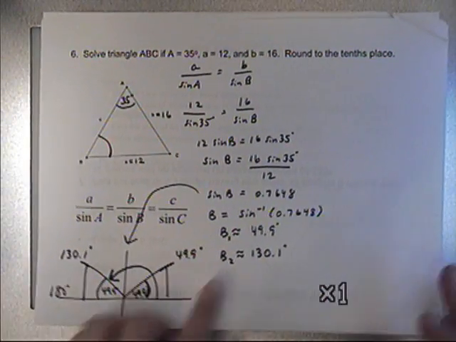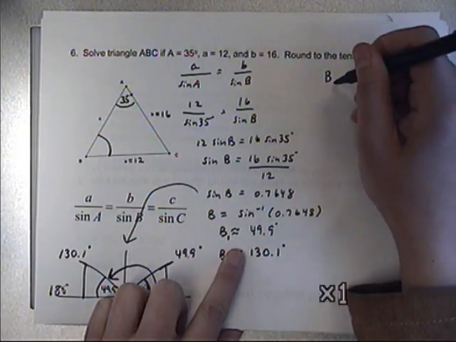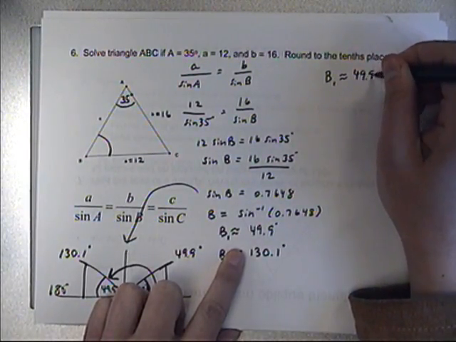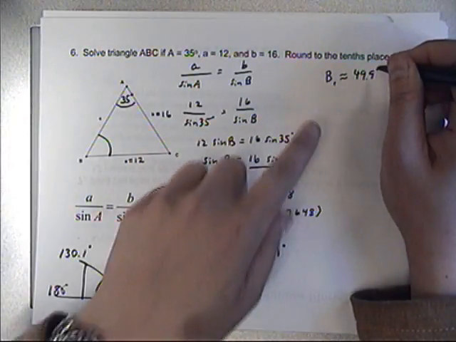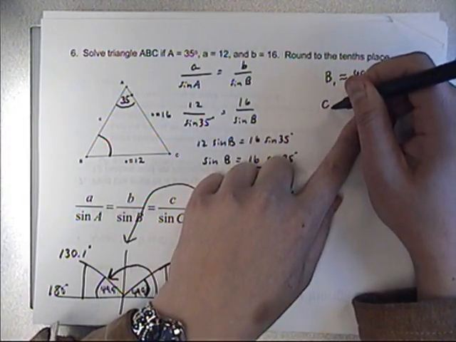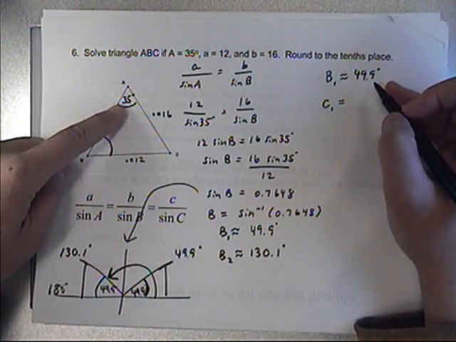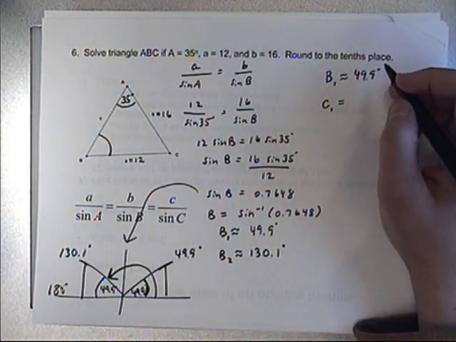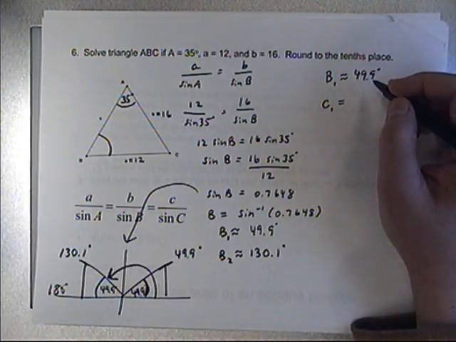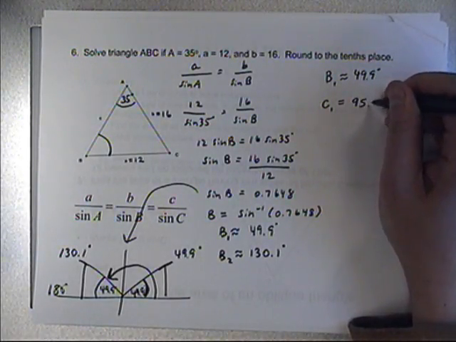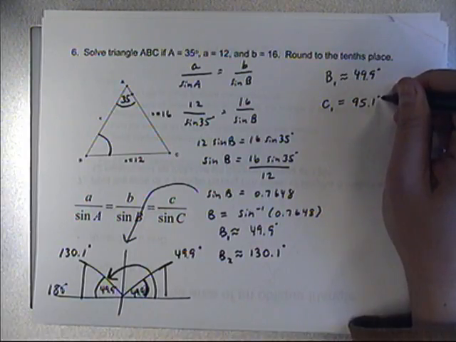So if angle B, again I'm calling it B sub 1, is 49.9 degrees, then if I take 180, I subtract 35, and I subtract 49.9, I get that angle C is 95.1 degrees.